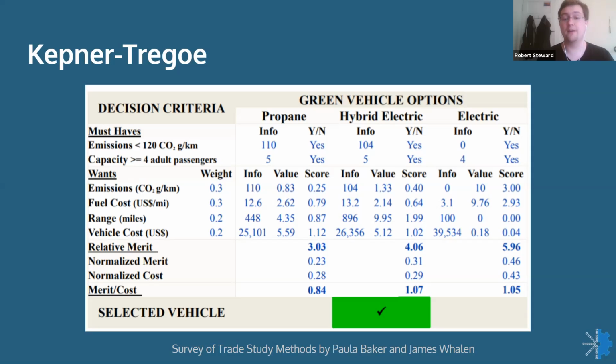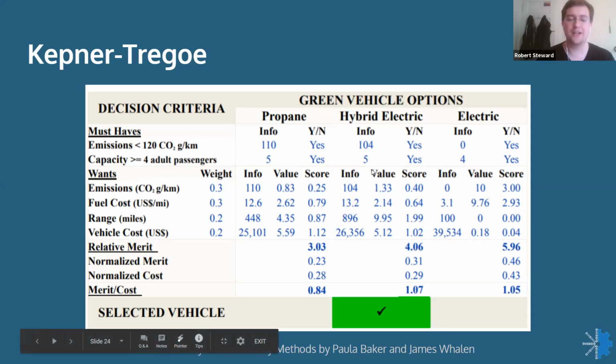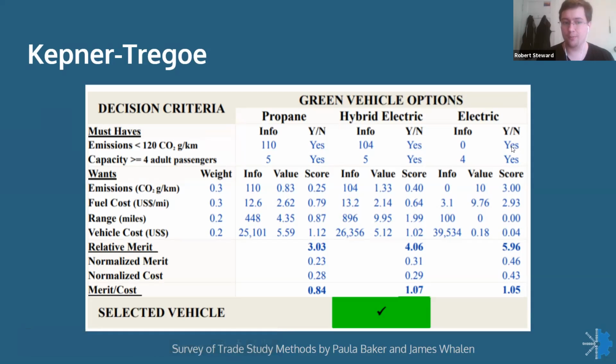Obviously, you need to make sure that everything that you need to have is there, and everything that you want to have, you try as best as you can to get. And so using a method like this, you're able to look at the things that you know you need to have compared to the things that you want to have. In this situation here, all of them do meet your must-haves, which is good.